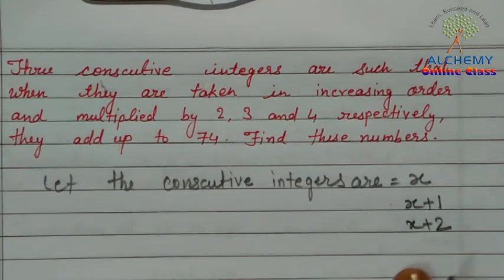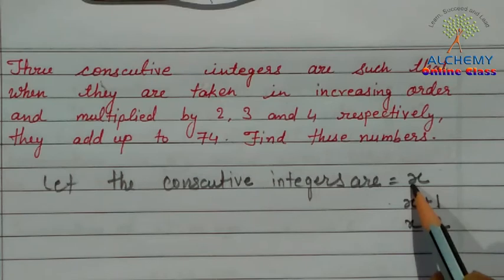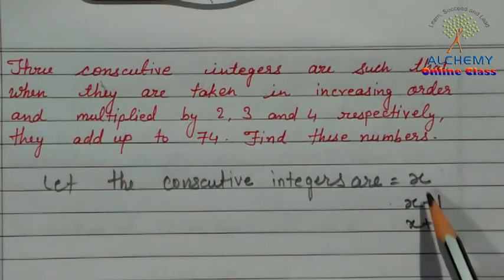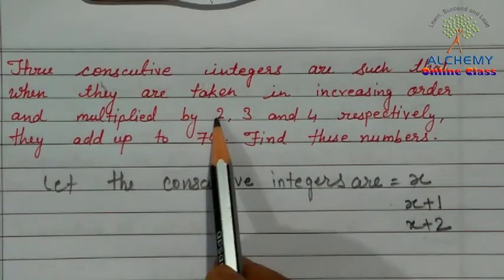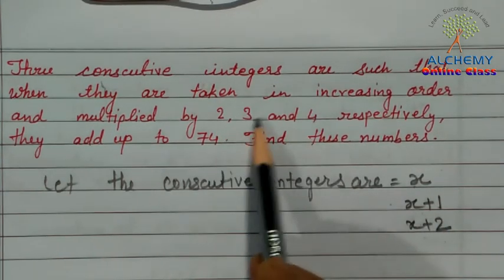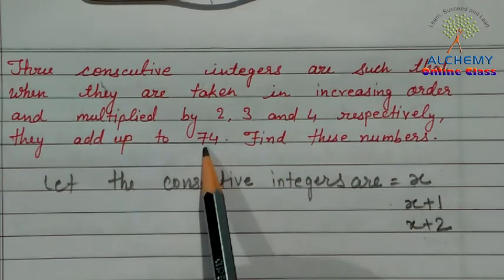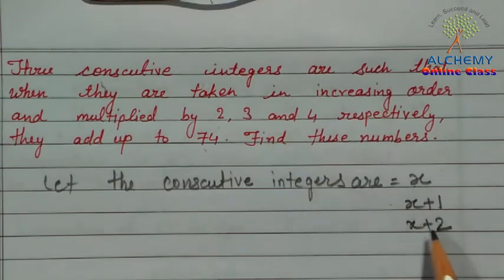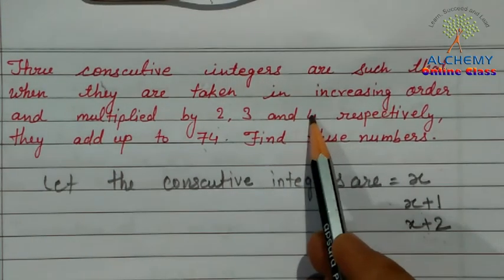It is given that we have to arrange them in increasing order. It means x will come first, then x plus 1, and then x plus 2. These integers are multiplied by 2, 3 and 4 respectively, and when we add them we get the result 74. So the first integer will be multiplied by 2, the second integer by 3, and the third integer by 4.